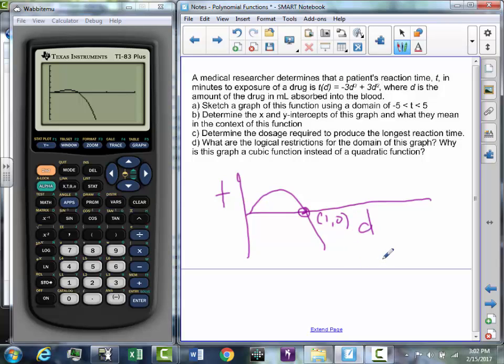So what that means is that you have 1 milliliter of drugs when the time is 0. That makes sense? That's what this intercept means, right? It means that D is 1 when T is 0, so you have 1 milliliter when you started. It's kind of backwards, eh? Because normally you put T on the x-axis and D on the y-axis.